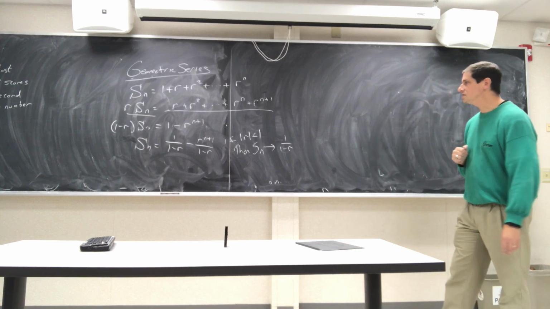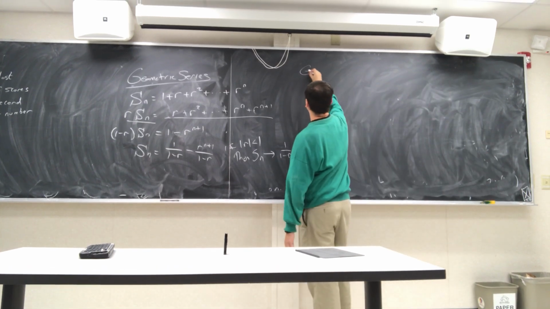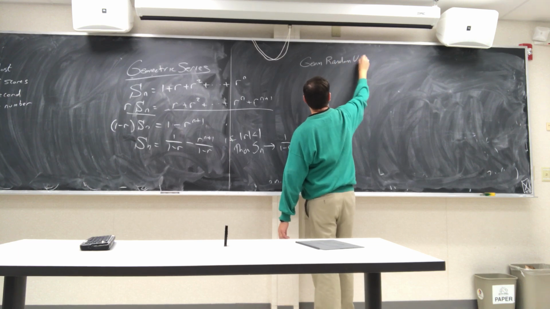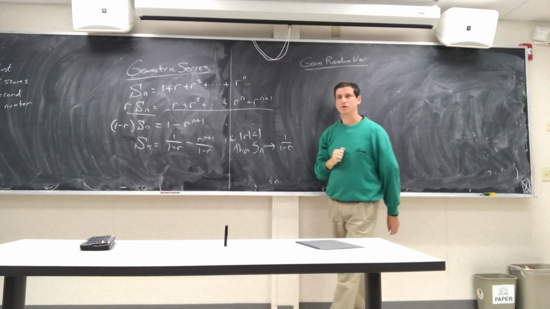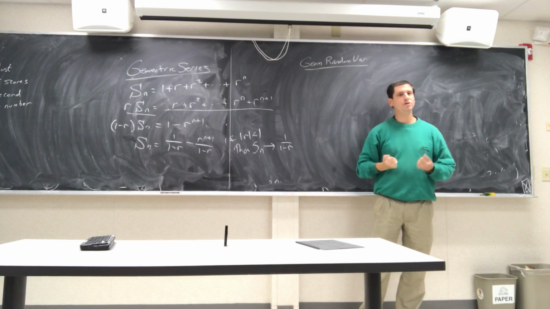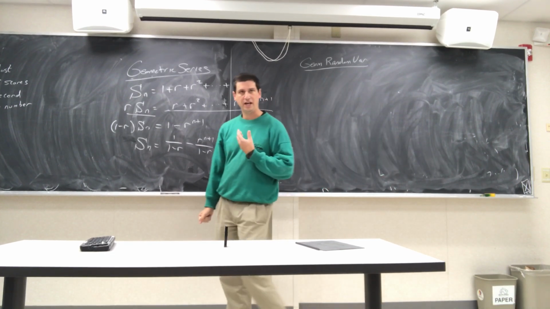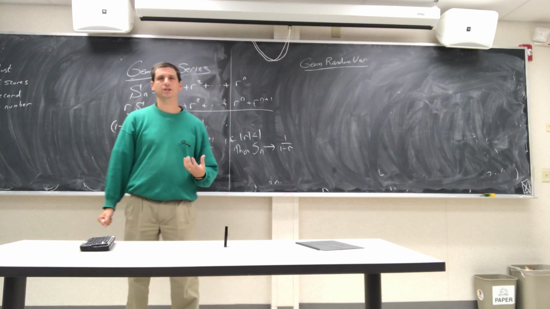All right. We can use this to define a geometric random variable. So for a geometric random variable, I need to have non-negative probabilities. It's going to add up to 1, and it's going to be defined discretely.